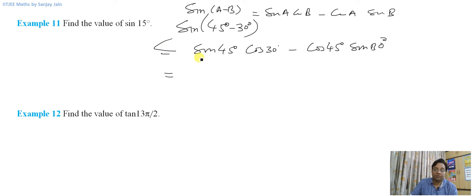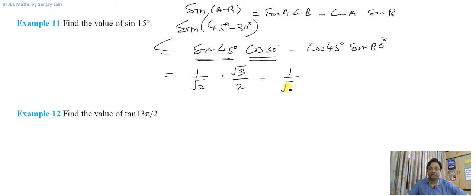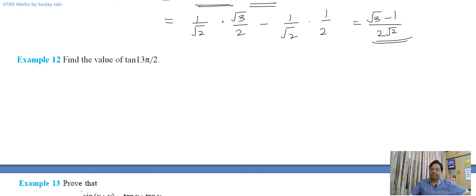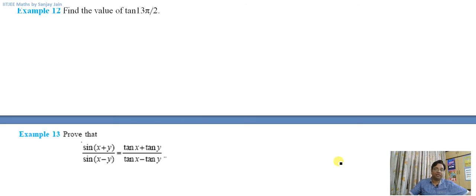So it will be equal to sine 45, that is 1 by root 2, cos 30, that is root 3 by 2, minus 1 by root 2, sine 30, that is 1 by 2. If you write it collectively, you will write it as root 3 minus 1 divided by 2 root 2. So this is the value of sine 15 degrees, which you can also memorize.